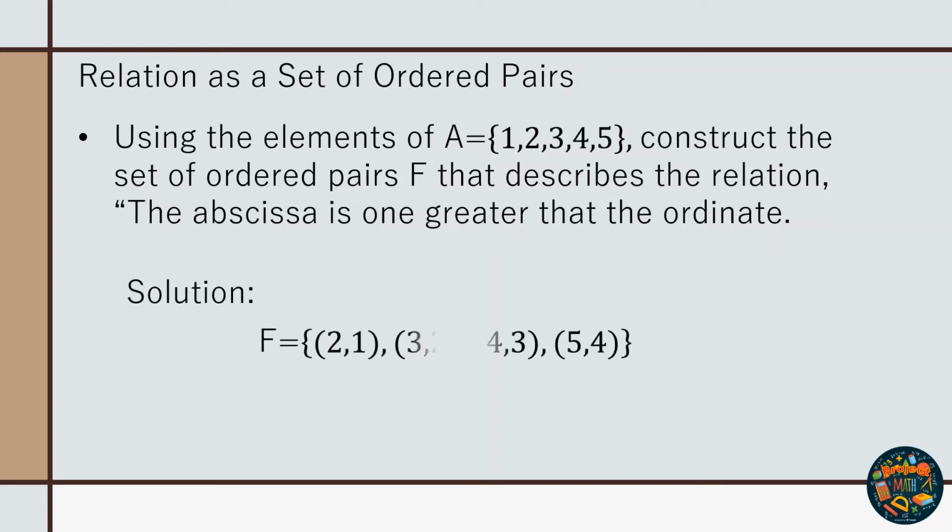So we have there F is equal to the first ordered pair, we have (2, 1). Then we have (3, 2). Then we have (4, 3). Then we have (5, 4). Mapapansin ninyo na yung mga domain o yung x value natin ay mas mataas ng isa kaysa doon sa y value.